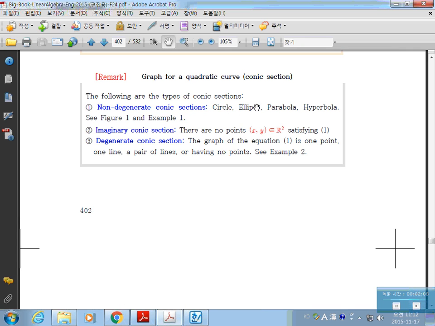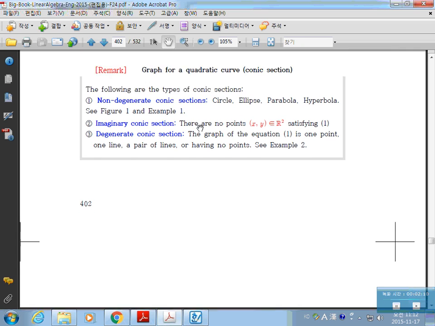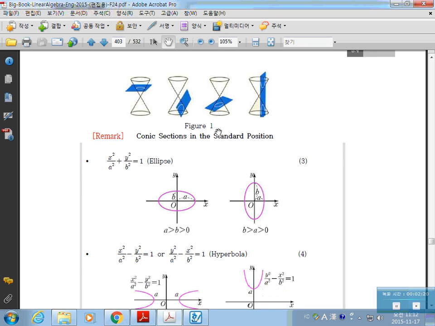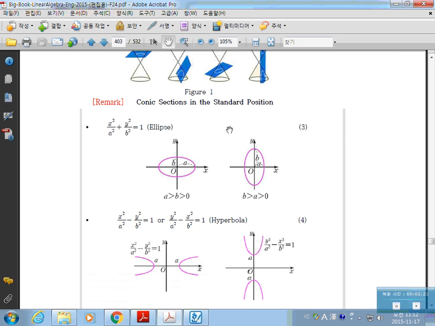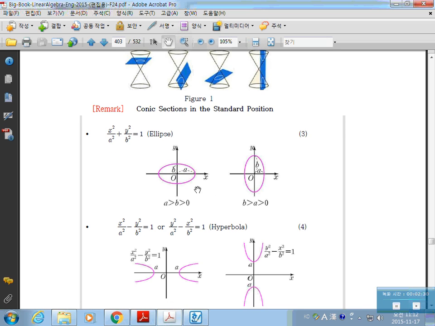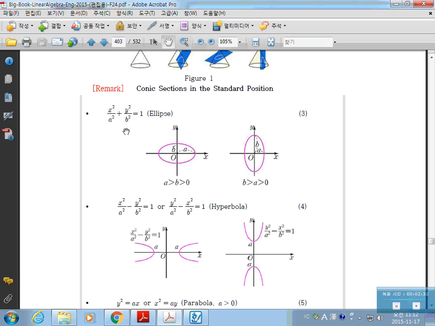The circle, ellipse, parabola, hyperbola, these are the ones that you have seen, and this is just one case of a quadratic form, which is called the conic sections in the standard position. This part of conic section can be written as an ellipse, which is this special case.